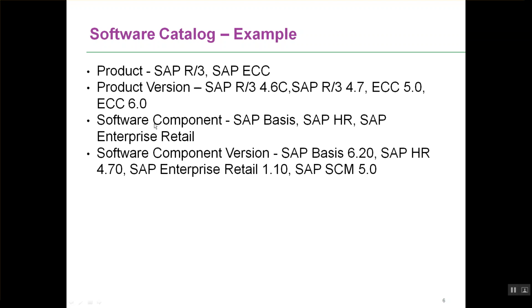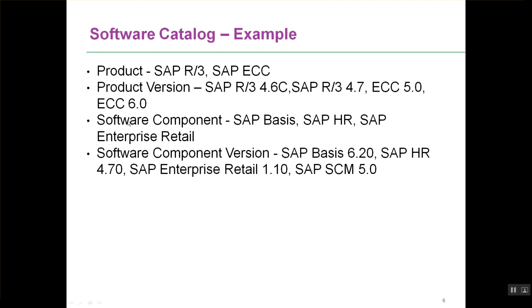Then what is a software component and what is a software component version? A software component is nothing but the granular modules or units that form a product. If you're from a basis background, you would know that an SAP R3 4.6c system will have multiple software components, right? You will have an SAP basis component, an SAP HR component, an SAP enterprise retail component.